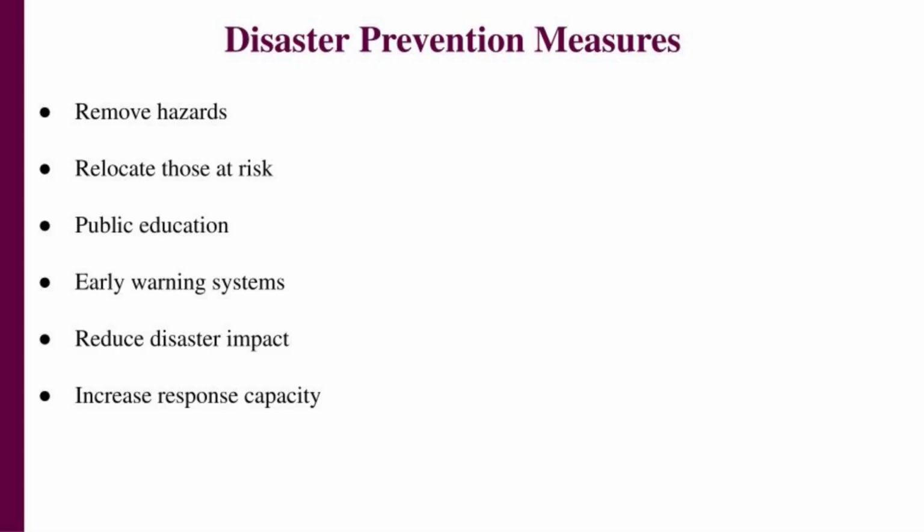Simultaneously, we implement non-structural measures, which include things like land use planning, specialized building codes, and community drills. Crucially, modern disaster management relies heavily on early warning systems, like sophisticated weather monitoring networks. All these steps are designed either to reduce exposure or impact, or ideally, to increase resilience and capacity within the community itself.